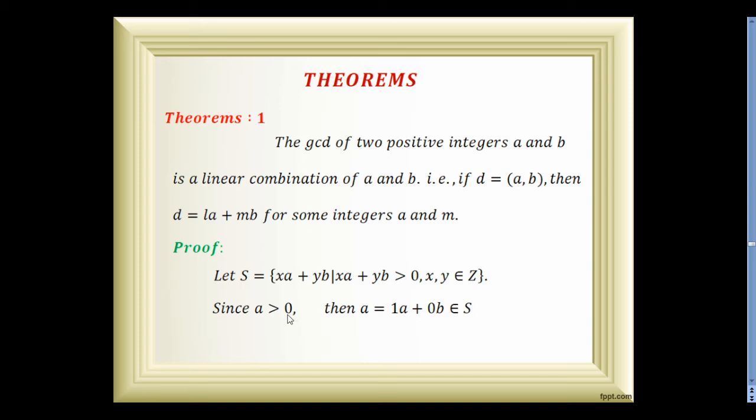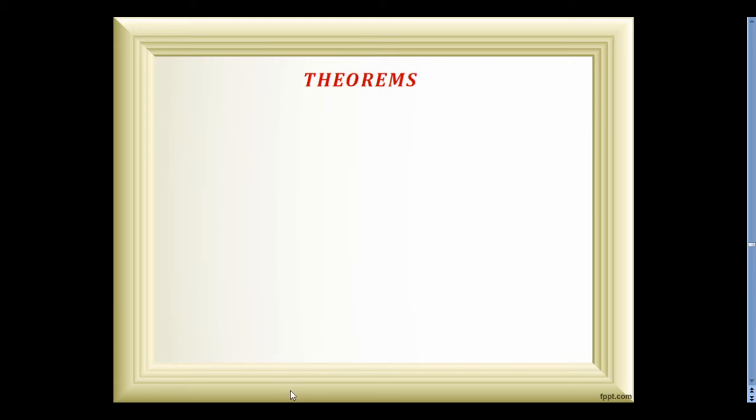Since a is greater than 0, we can write a as 1 into a plus 0 into b, which belongs to S. So S is a non-empty set of positive integers.